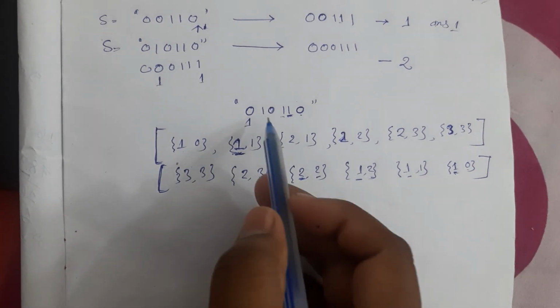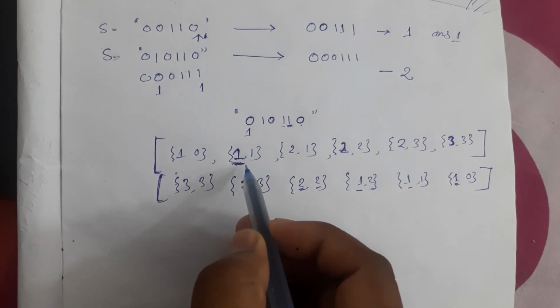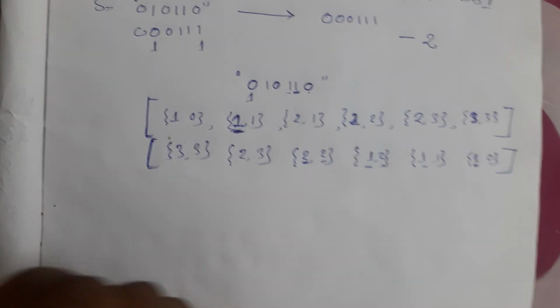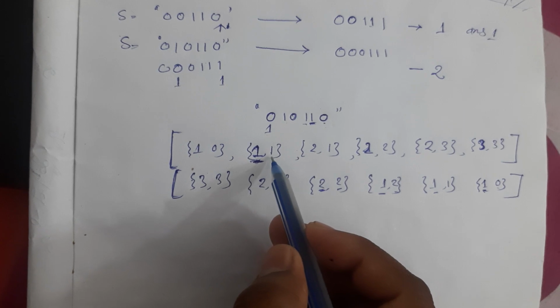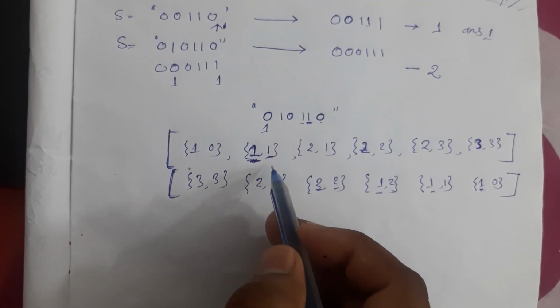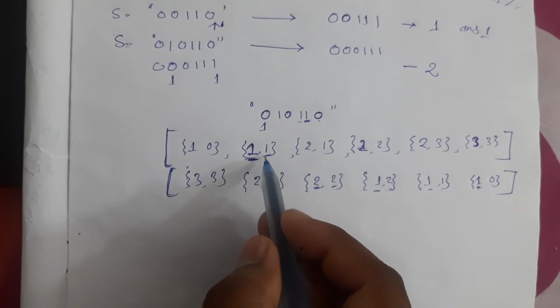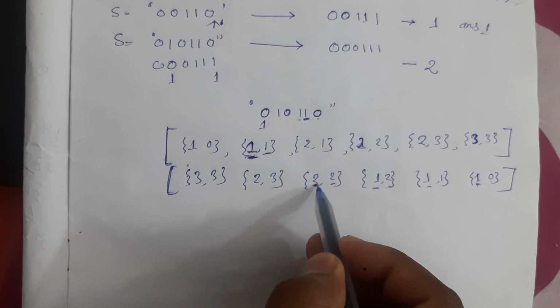So what you need to do to make all the 0s come at the beginning is convert all the 1s on the left to 0, and all the 0s on the right to 1.